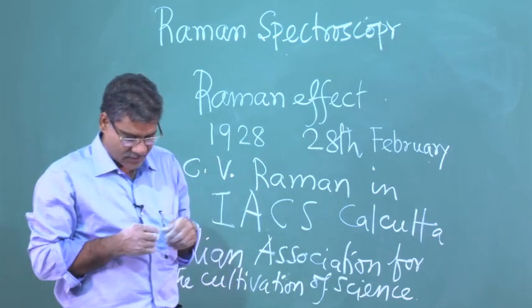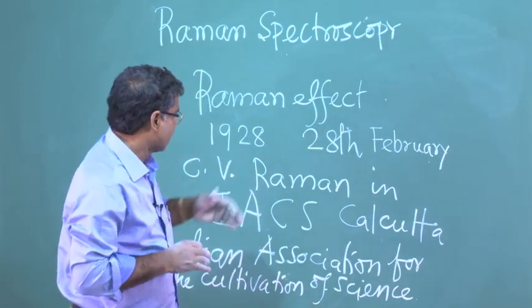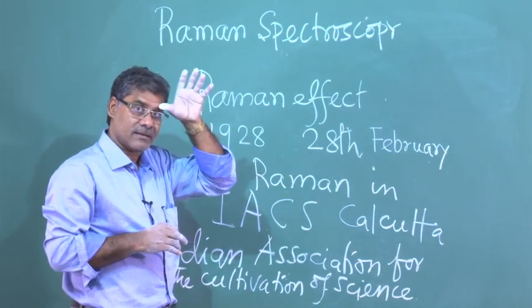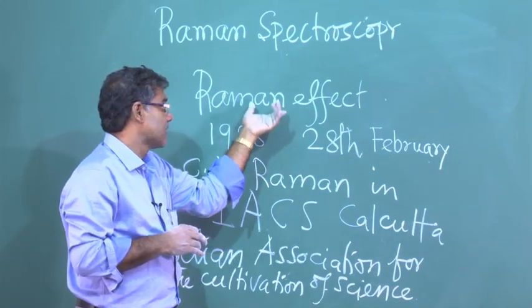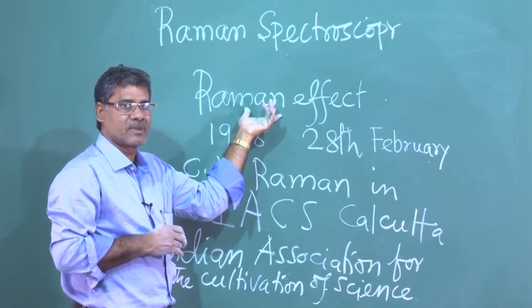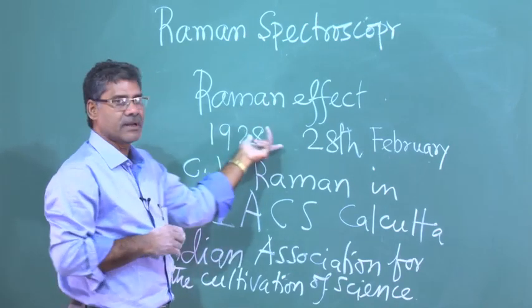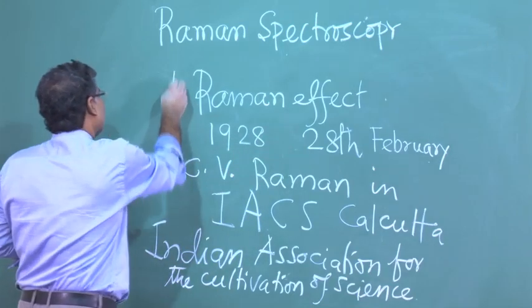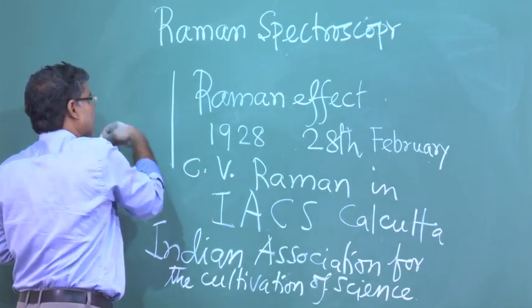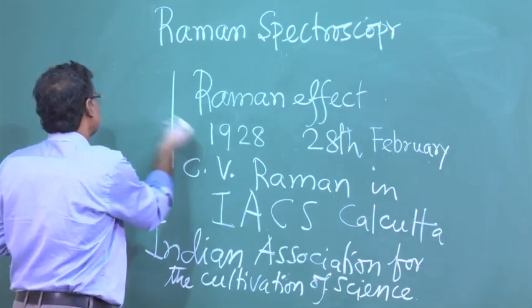And he did a lot of research work, but the major success of his research was the discovery of the Raman effect in 1928, and he got the Nobel Prize 2 years after this discovery.